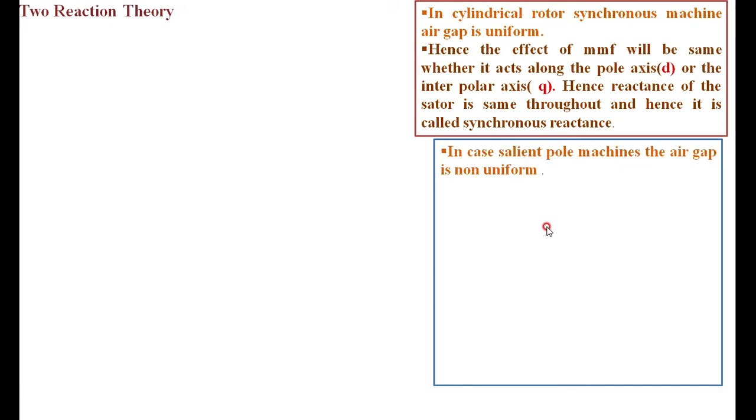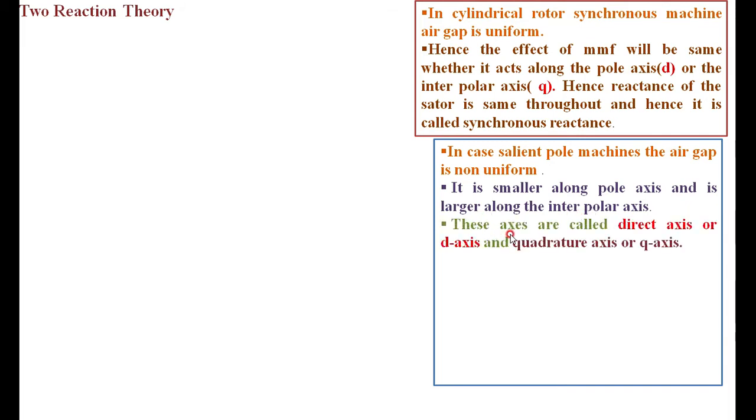In the case of a salient pole machine, the air gap is non-uniform. The gap is smaller along the pole axis and is large along the interpolar axis. Hence, the axes are now called the direct axis, or D axis in short, and the quadrature axis, or in short the Q axis.